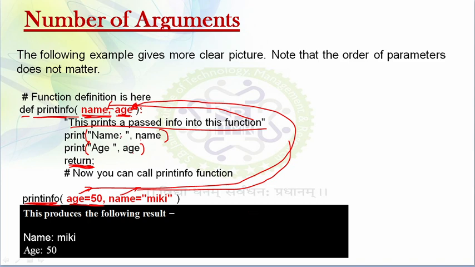So this program will print name as Mickey because the value copied into the name variable is Mickey, and the age will print as 50 because the age variable contains the value 50. So here you can see the order does not matter if you are specifically providing the values for that particular function argument.